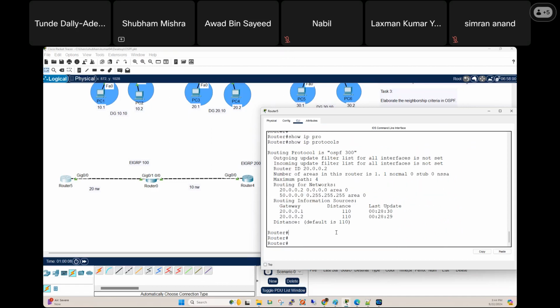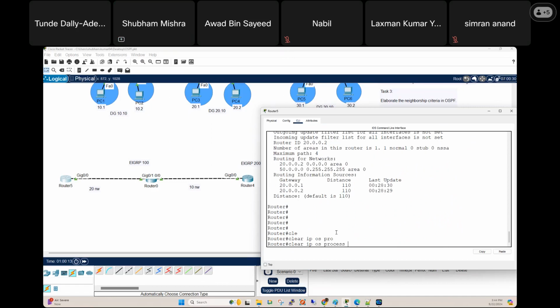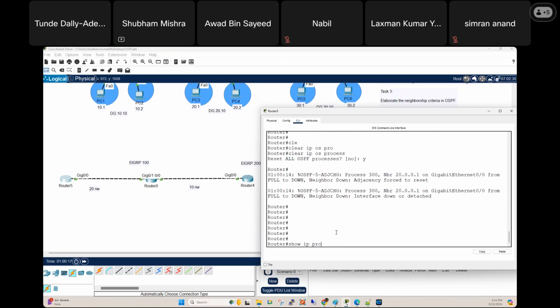No? I am running one command: clear IP OSPF process. Yes. Show IP protocol.